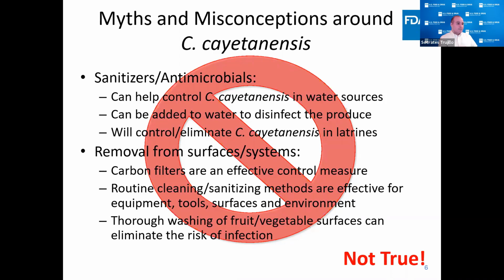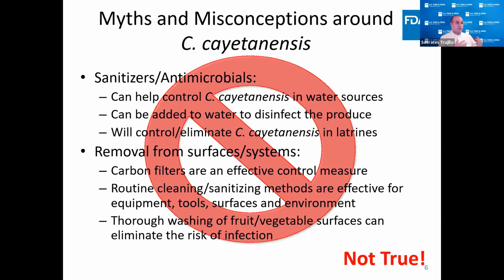And because the antimicrobials or sanitizers we use for routine cleaning don't have an effect on Cyclospora cayetanensis, the likelihood of reducing the presence of these organisms with those tools is not known. That's something we need to pay attention to.